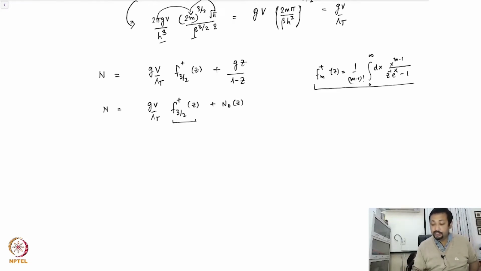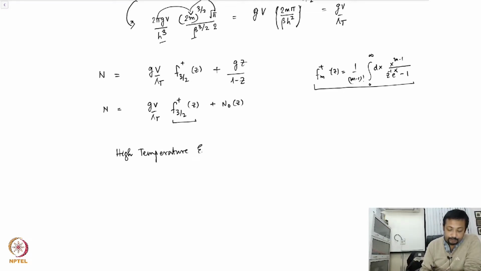Now this is a very complicated function, and usually its representation in terms of simple functions is not possible. But we do know the high temperature expansion of this. The high temperature expansion gives us f_m^plus(z) is 1 over (m minus 1) factorial.